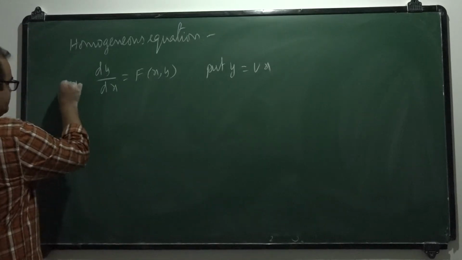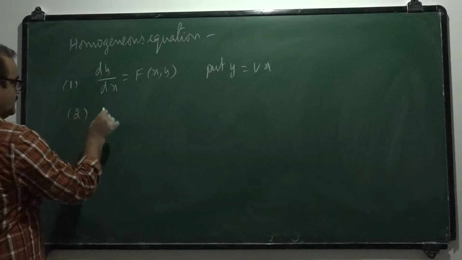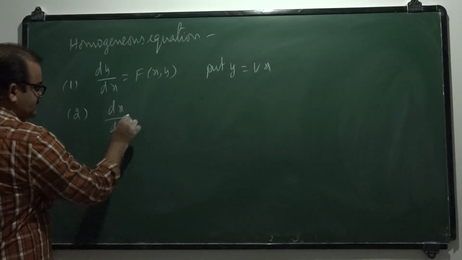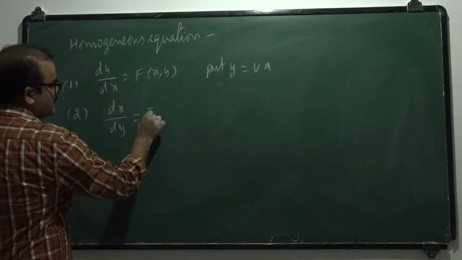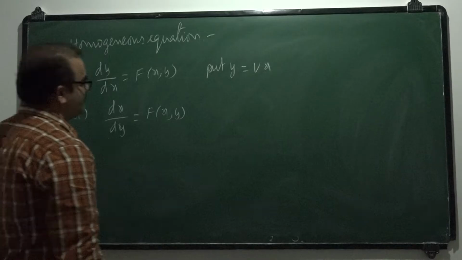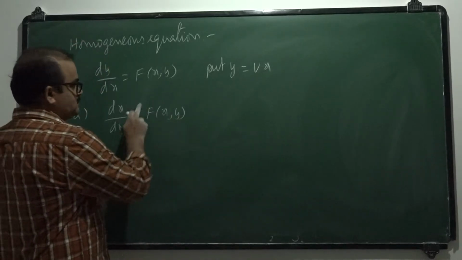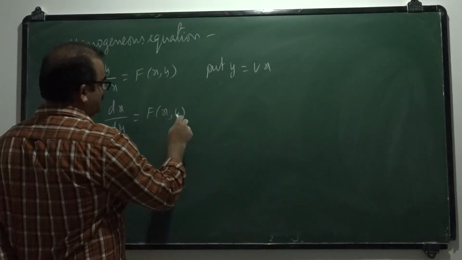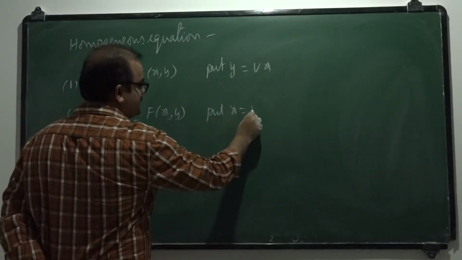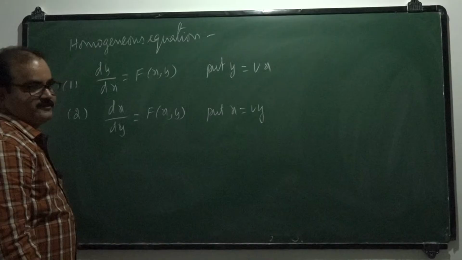It is the first type. Next, if the given equation is in the form of dx by dy is equal to some function in terms of x and y, then this is also a homogeneous equation. Here we use the substitution x is equal to v into y.